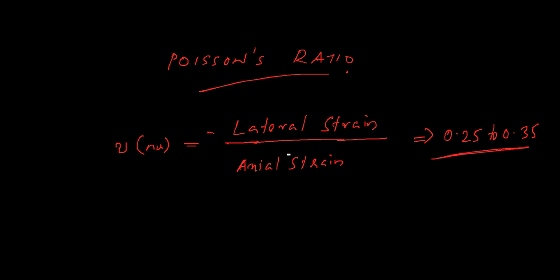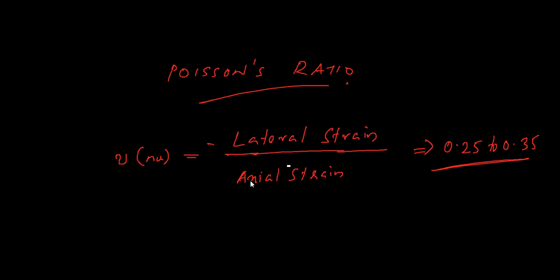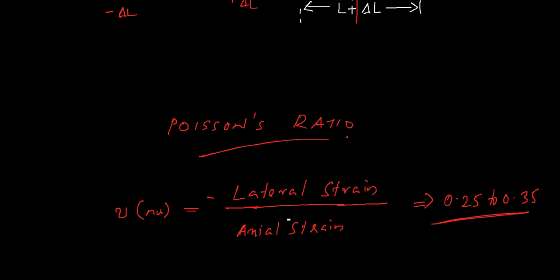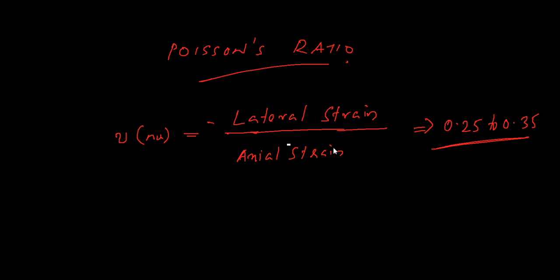Once again, Poisson's ratio is the lateral strain over the axial strain, and the value usually ranges between 0.25 to 0.35. This reinstates the constancy of volume for a solid material. Whenever a body made of solid material is pulled or pushed axially, there will be a lateral deformation, and the ratio of lateral strain over axial strain is called Poisson's ratio.